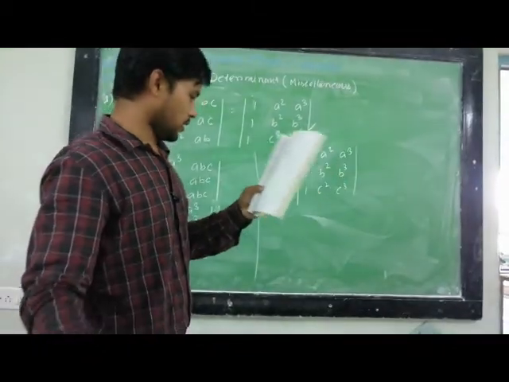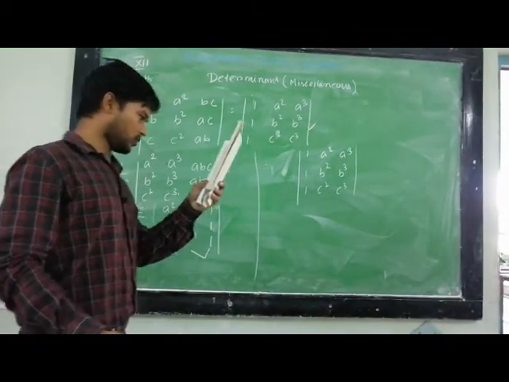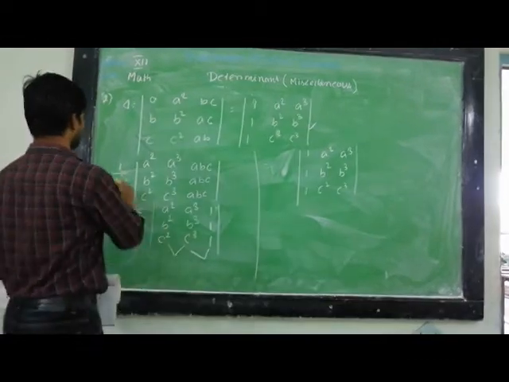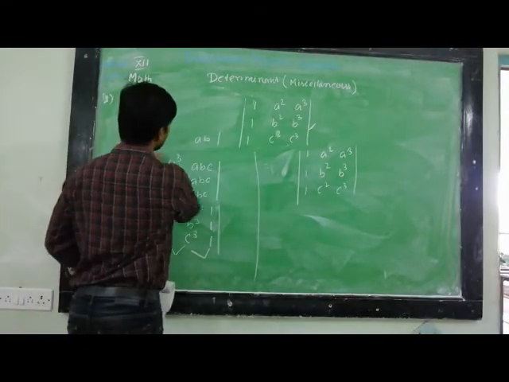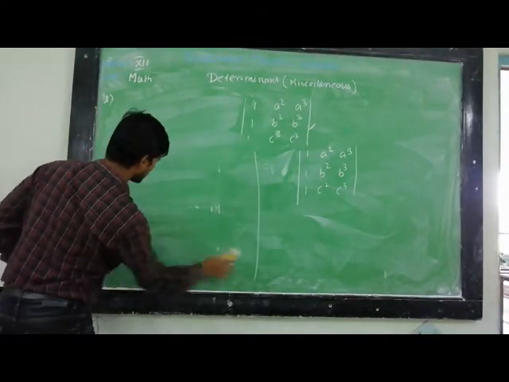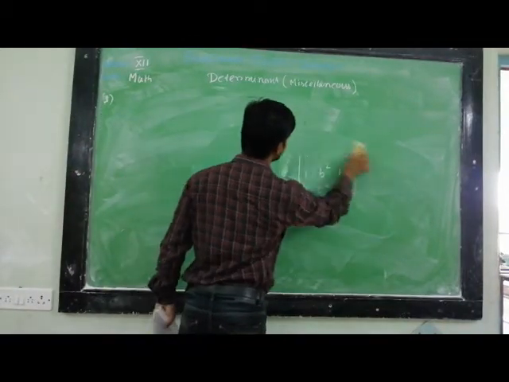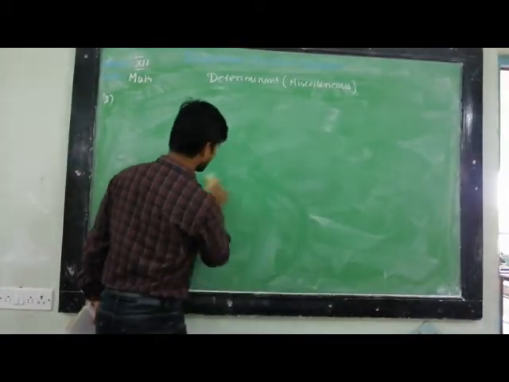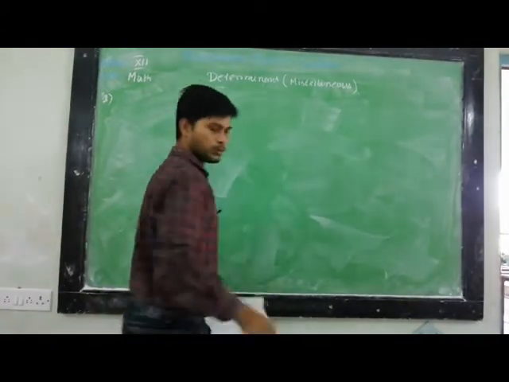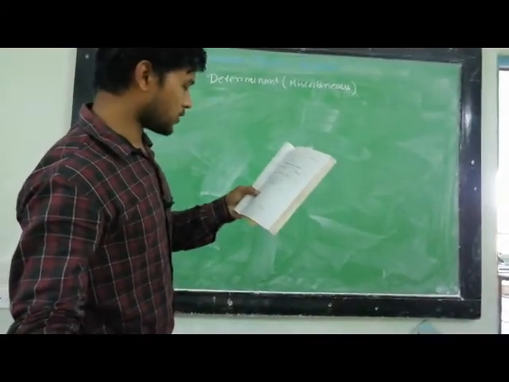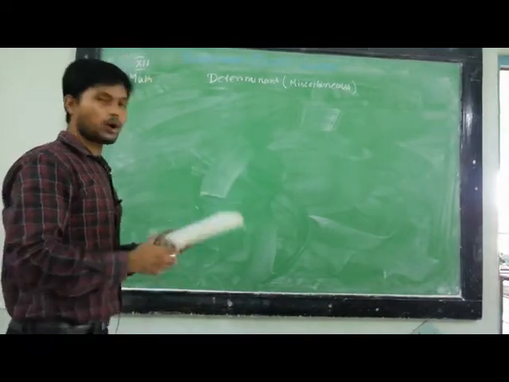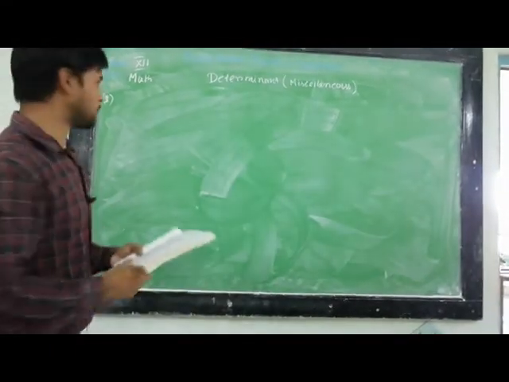Okay, now solve question number 4. Question number 4 is: one determinant is given. From this determinant we have to prove that either a plus b plus c equals 0 or a equals b plus c.